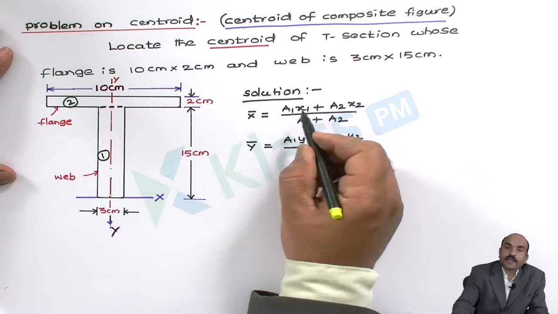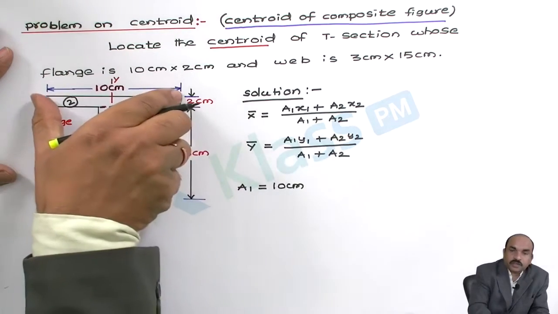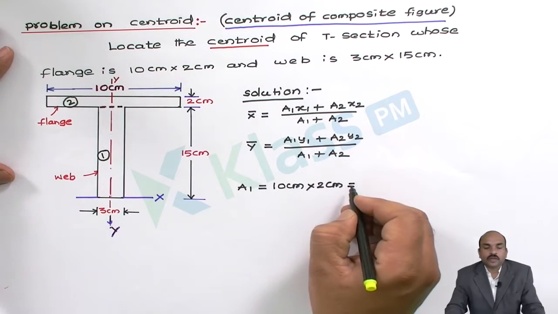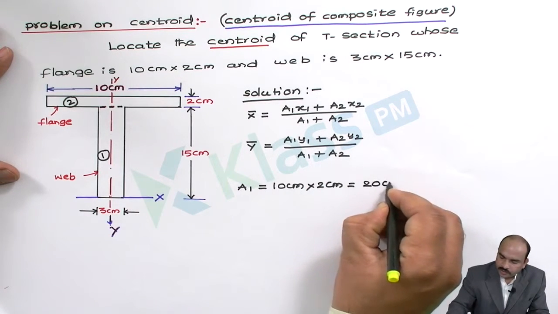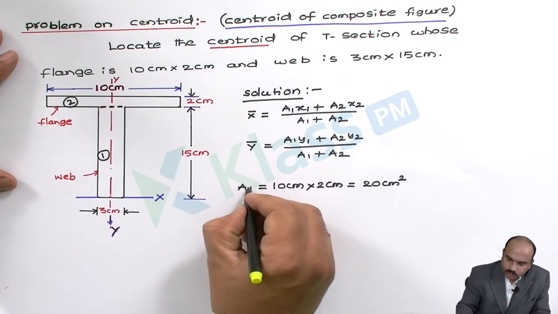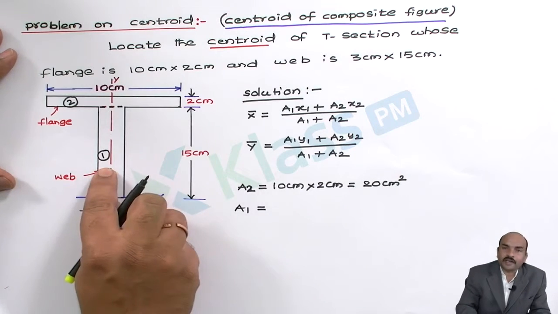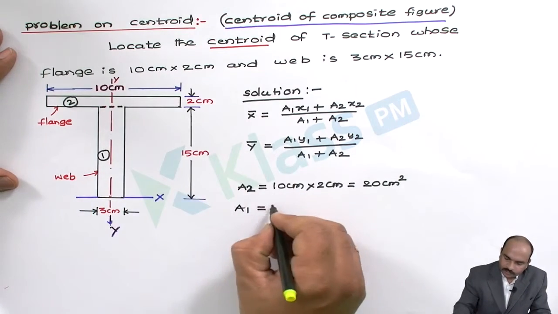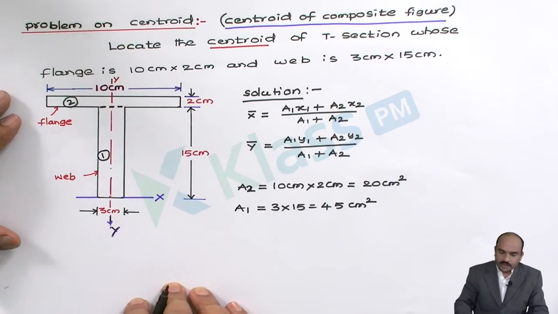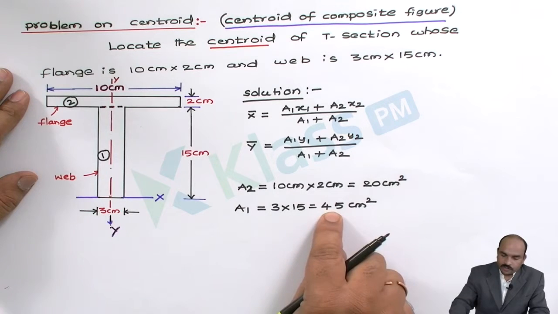So let us calculate areas. A1 is the area of rectangle 1, that is 3 into 15, so that is 45 centimeters square.